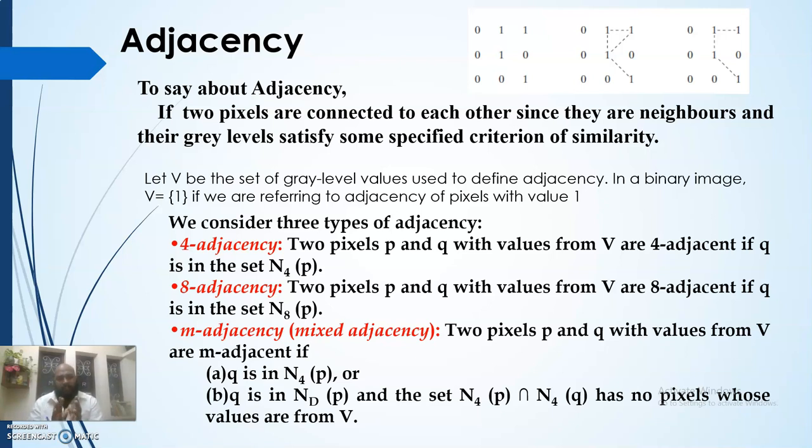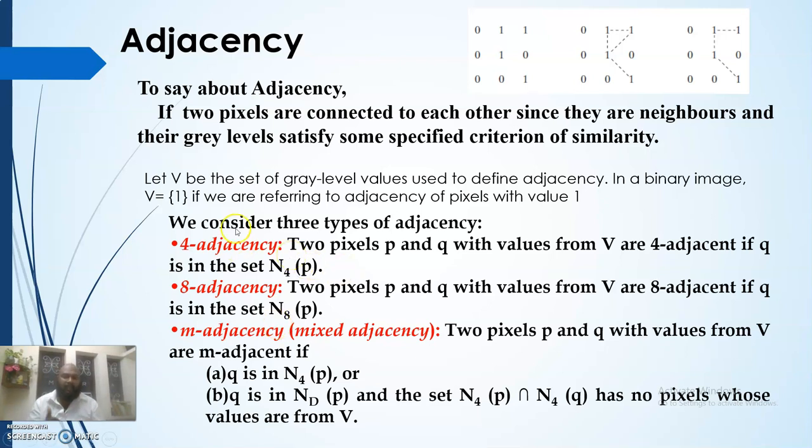Next we can see what is adjacency. In neighbors, if the neighbors have some similarity with the test pixel, then we can call it an adjacent pixel. That should have some similarity in its intensity or gray level value, then we can say the pixel is adjacent to our test pixel.